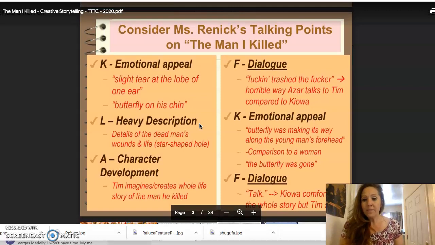The biggest thing for me when I read this chapter is the emotional appeal that it creates for the reader.